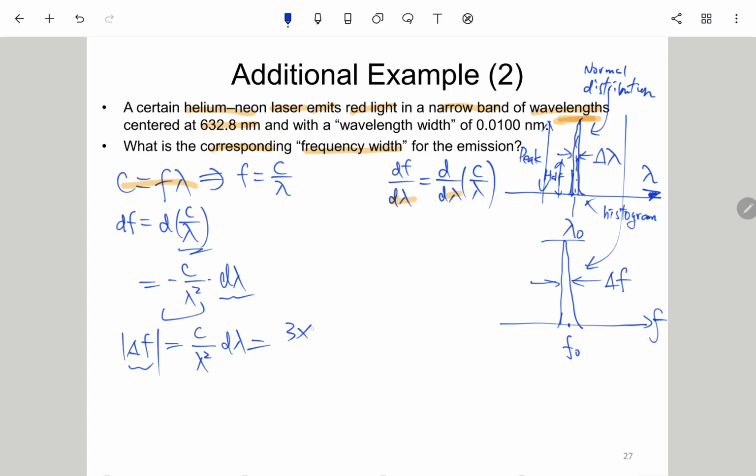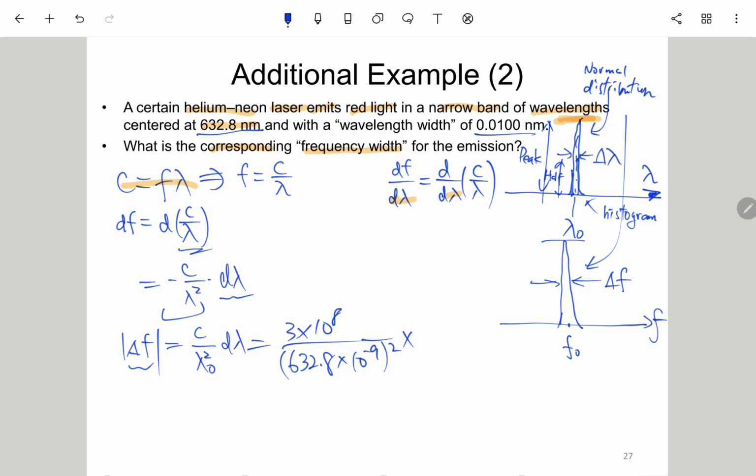C will be 3 times 10 to the 8th power, and lambda is lambda 0, which is 632.8 nano, that is 10 to the negative 9, and then whole square.